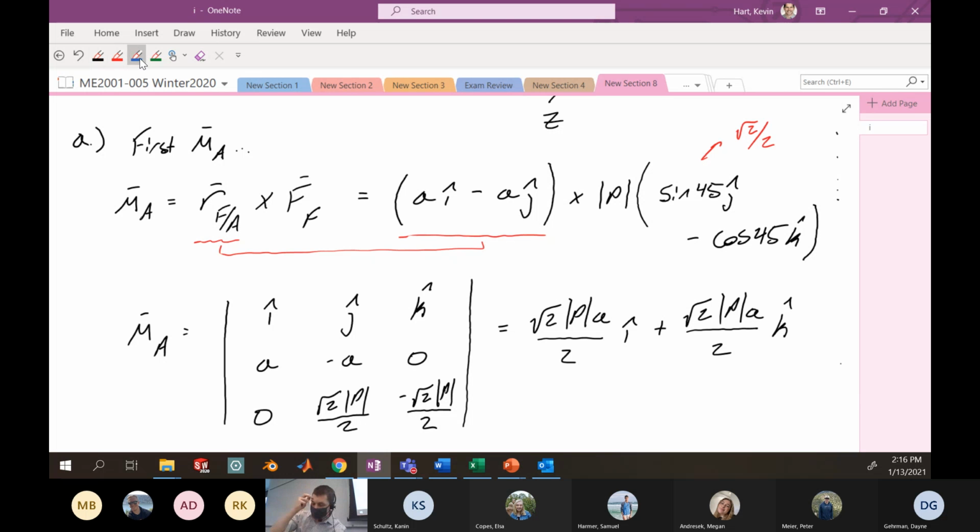Now we're going to finish our determinant by going down and to the left. So here we have I, 0, and root 2 P on 2. Since we run into a 0, that contribution is going to be 0. Down to the left here we have J, A, and negative root 2 P on 2. I'm generally going down and to the left here, so I have a negative contribution from this portion of the moment, and I also have a negative entry on this particular diagonal.